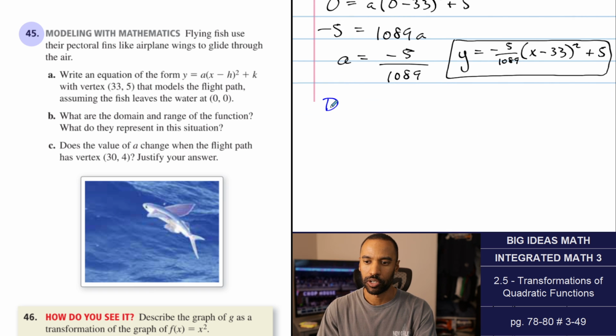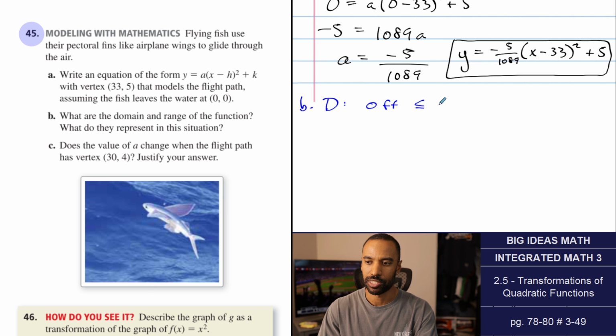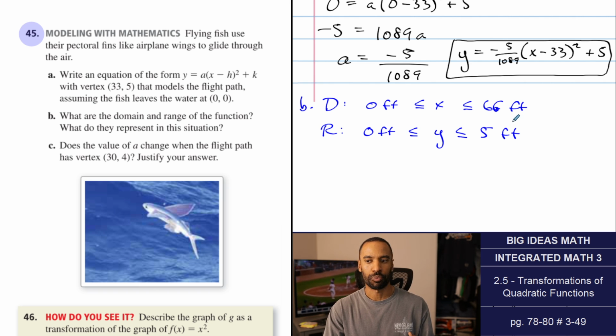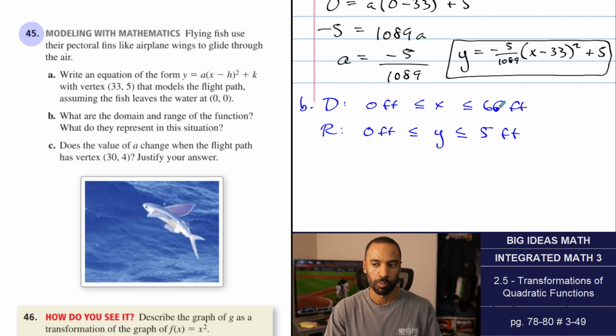So as long as you understand the graph there, but this is part B. Domain is 0 feet to 66 feet. And the range goes as low as 0 feet in the air up to 5 feet. And it hits the 5 feet at the 33-foot mark, but the fact is there's still more domain to go.